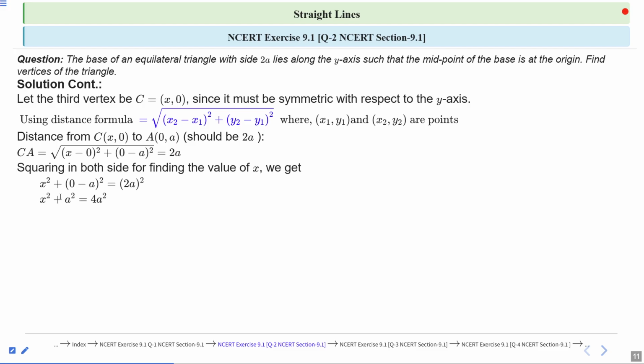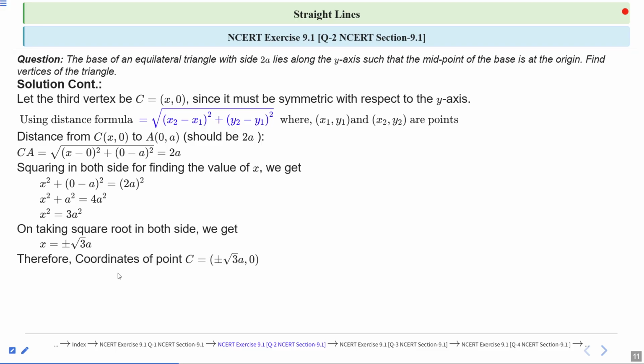From this equation we get x squared plus a squared equal to 4 times a squared. Simplifying further, x squared is equal to 3 times a squared. Now taking the square root on both sides, we get x equal to plus or minus root 3 times a. So the coordinates of the point C are plus or minus root 3a comma 0.